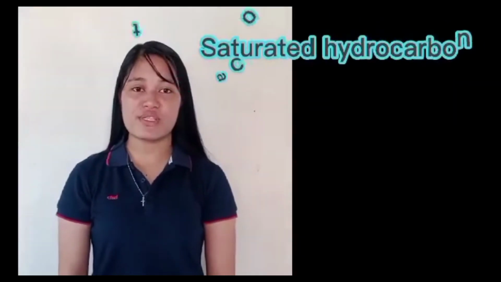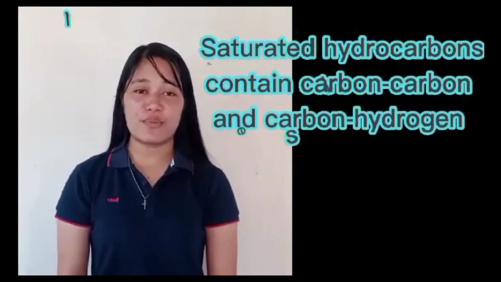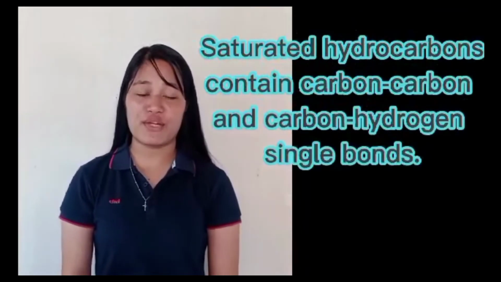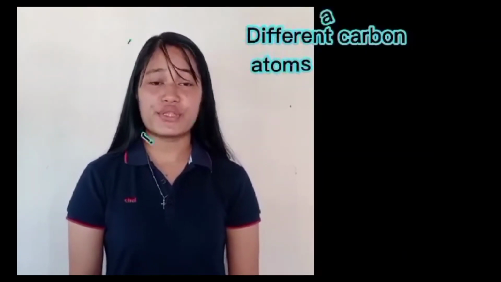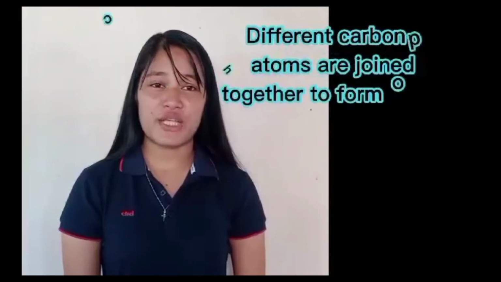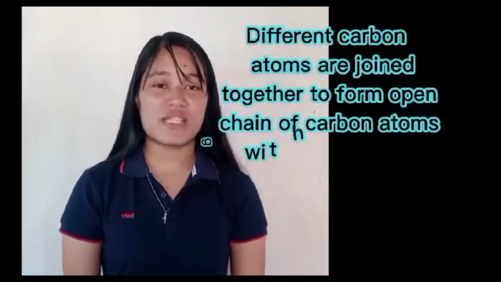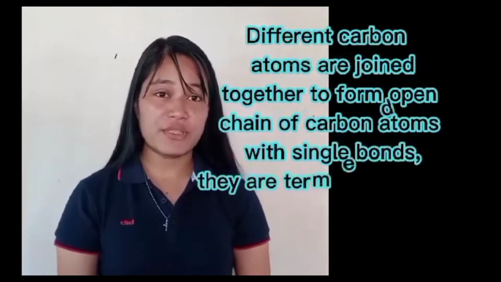Saturated hydrocarbons contain carbon-to-carbon and carbon-to-hydrogen single bonds. If different carbon atoms are joined together to form an open chain of carbon atoms with single bonds, they are termed alkanes.